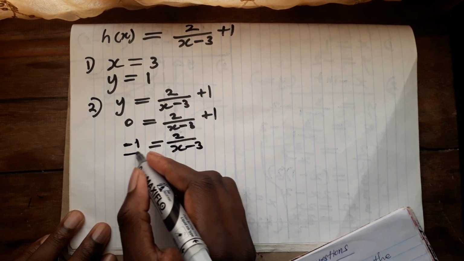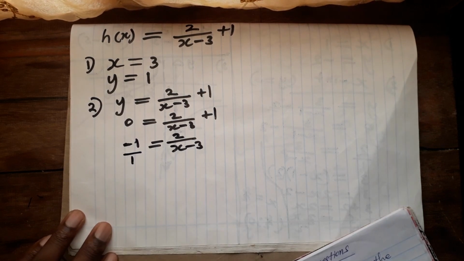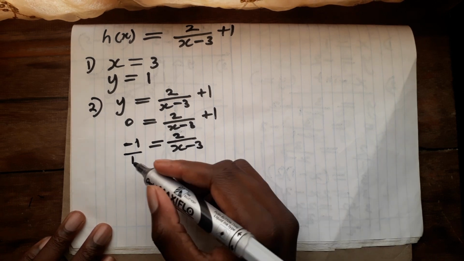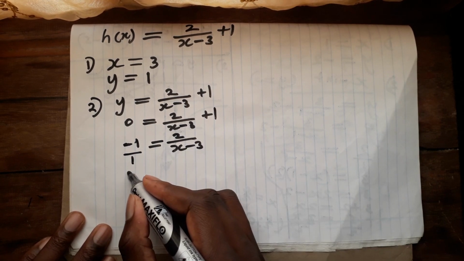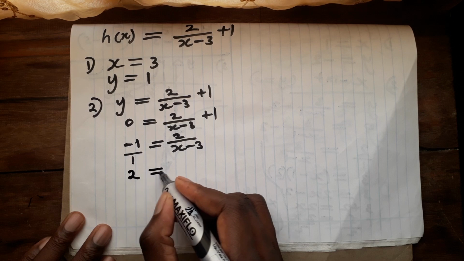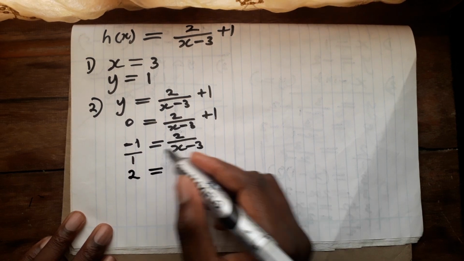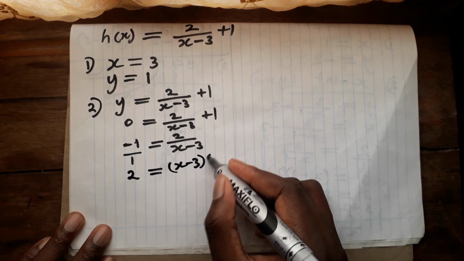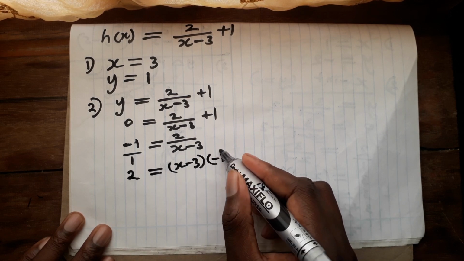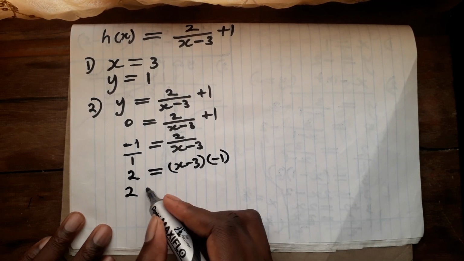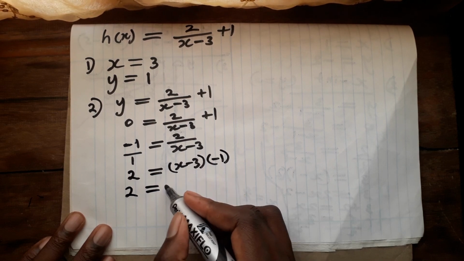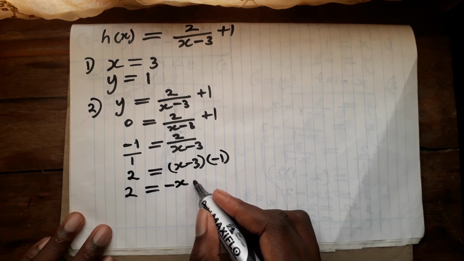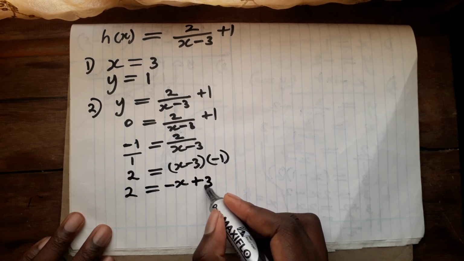And then you introduce a denominator of 1 here, then you cross multiply. 1 times 2 is going to give you 2 equals this one times this one, we're going to have x minus 3 into the bracket, then minus 1 there. 2 equals negative 1 times x is minus x, negative 1 times negative 3 is positive 3.